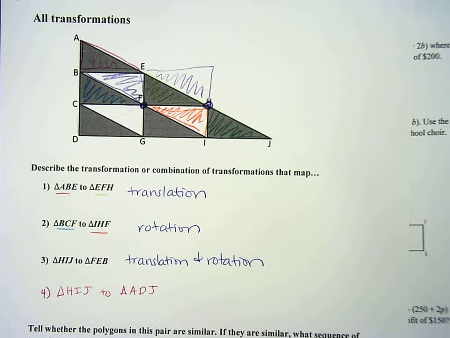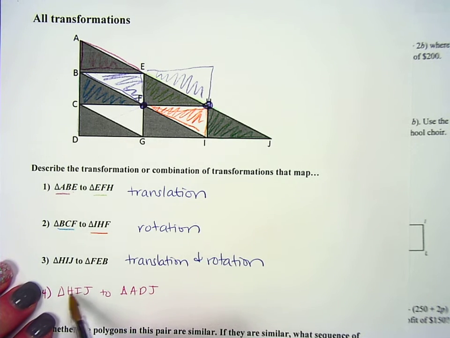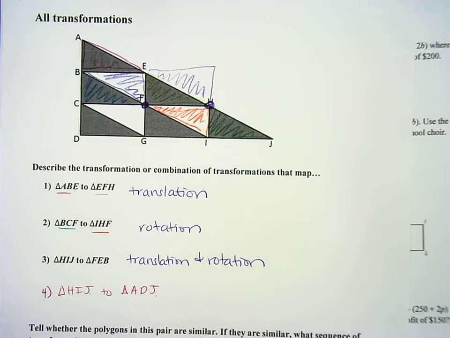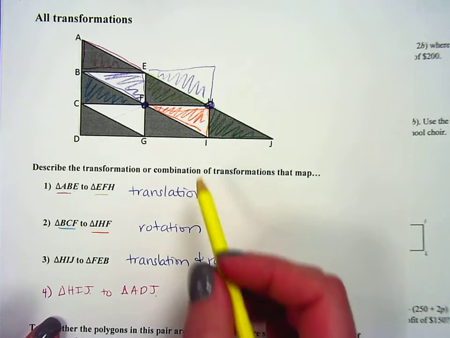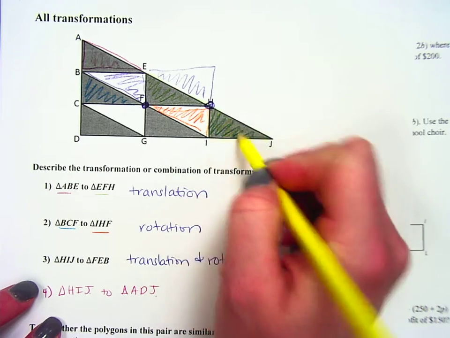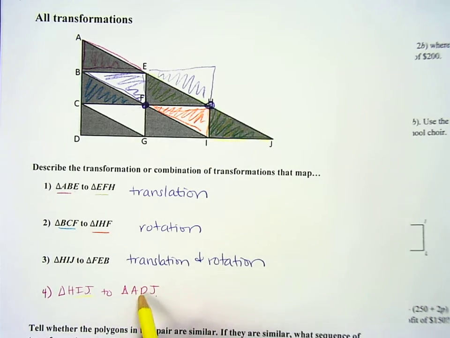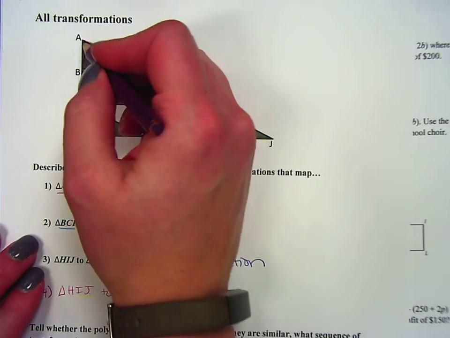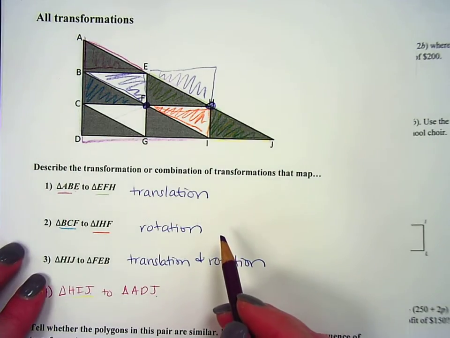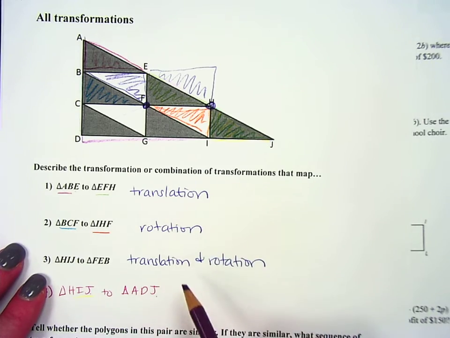There's two things I'd like you to add to this section. The first one, let's look at one more, HIJ to ADJ. Here's HIJ, H to I to J, remember was that small one. What about then if I go to ADJ? Well, ADJ is that entire picture. There's one other transformation we haven't talked about yet.